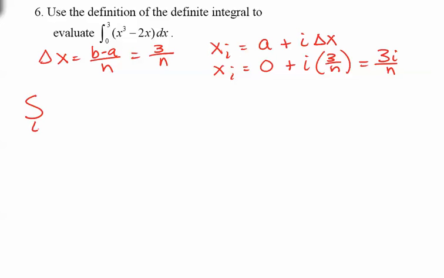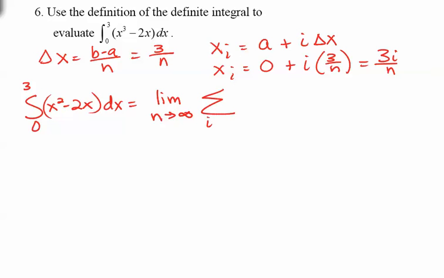So by definition, the integral from 0 to 3 of x squared minus 2x dx is equal to the limit as n goes to infinity of our sigma value as i goes from 1 to n. And then we need the height of each rectangle. That's our f of x sub i. So notice there are 2 x variables in our function.